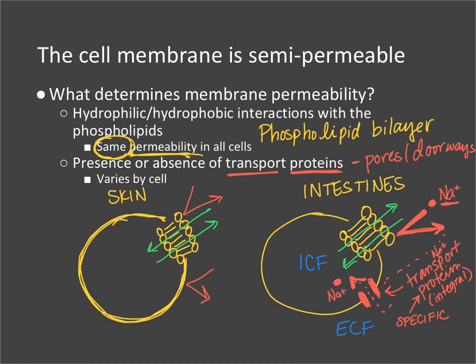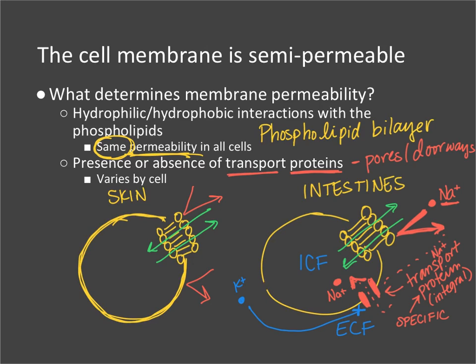Now let's say a different substance needs to be able to get across the cell membrane. For example, let's say we have a potassium ion over here. Now potassium cannot fit through the sodium transport protein because it's the wrong shape and size, and so it won't fit.